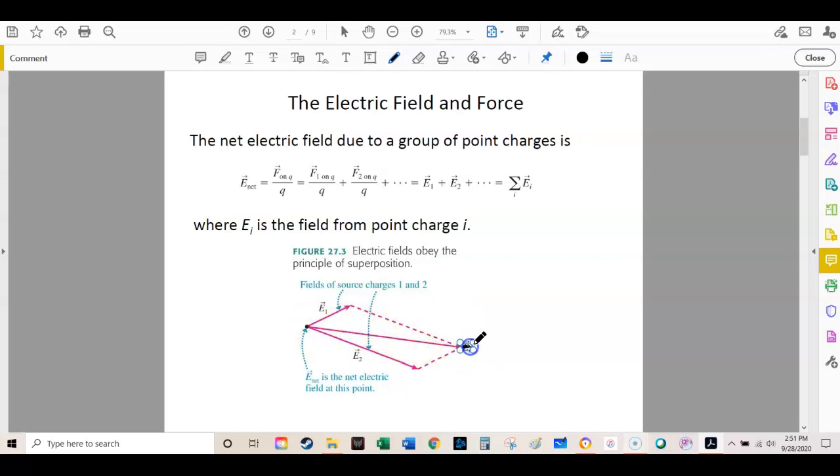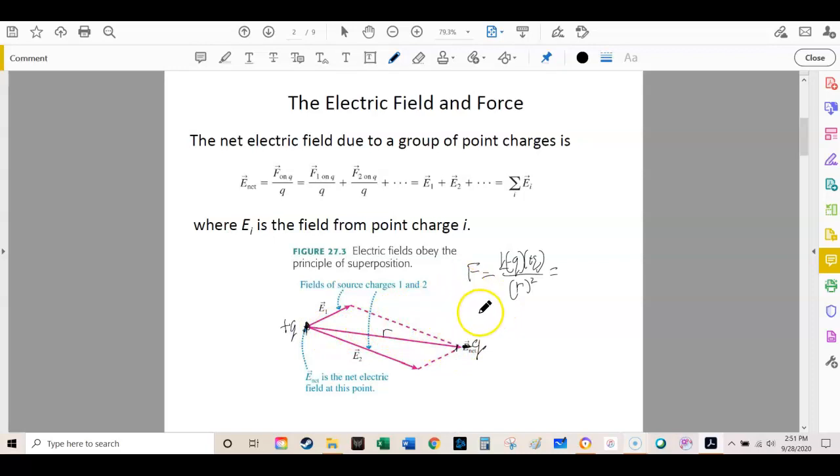So let's suppose you had a negative charge right here, and you wanted to measure the electric field at this point, but there was a positive charge sitting here. Let's say you knew the force of attraction between these two things. That force would be K times the negative Q and the positive Q causing your force, divided by their distance apart, R, squared. From here to here, they're separated by a distance R.